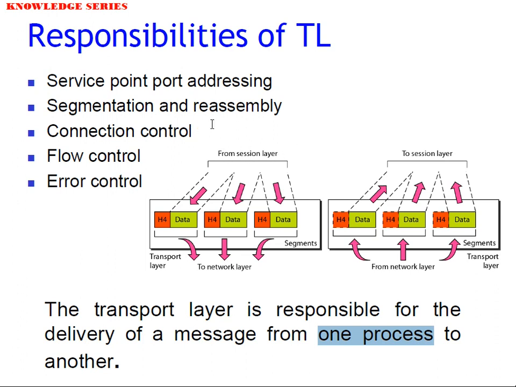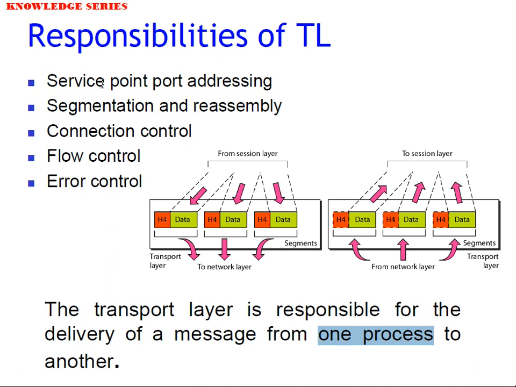If two computers are running some process applications, then that communication is made by the transport layer. But when the communication is computer to computer, that is done using the network layer. So you have to be very careful about the transport layer and the network layer. The transport layer talks about process to process, whereas the network layer is for device to device.